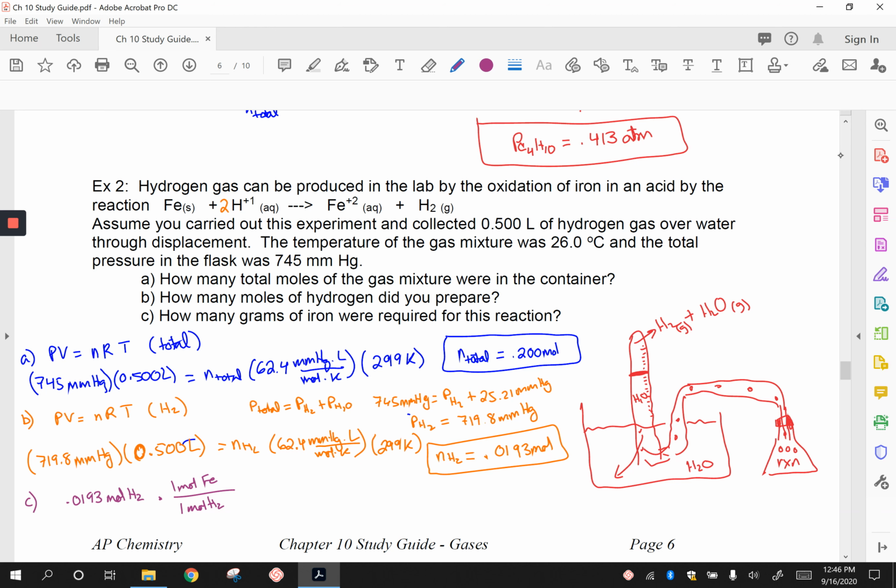And I got that from my molar ratio here. And it's asking for grams, so I'm going to go from moles of Fe to grams of Fe. The molar mass of iron is 55.85 per mole, and this gives me 1.08 grams of Fe.